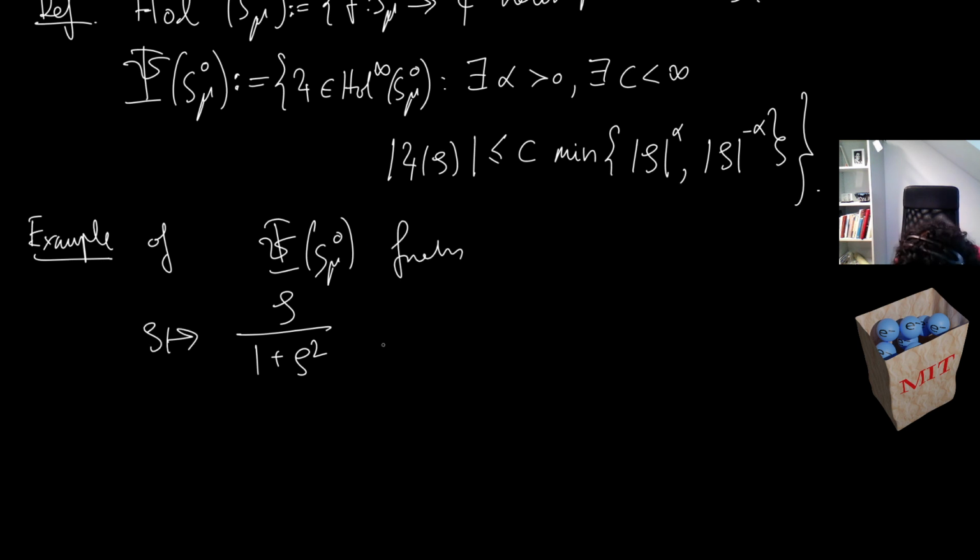So zeta maps to this, or zeta maps to, say, zeta to some power of beta times e to the minus zeta, etc. Right? So these are lots of functions. These are functions that decay at 0 and at infinity. In some sense, you could think of these as being something reminiscent of a Schwartz function, but complex valued, or holomorphic Schwartz function.